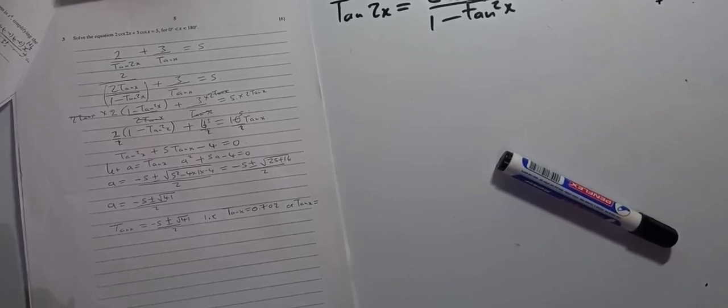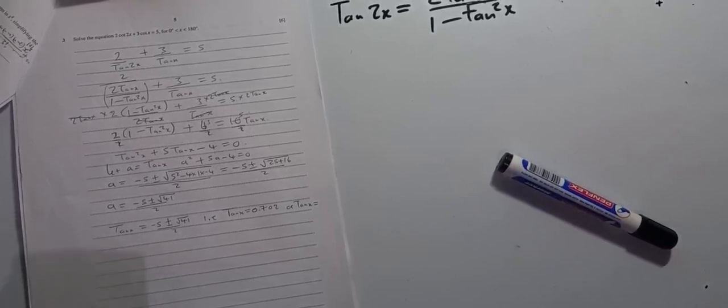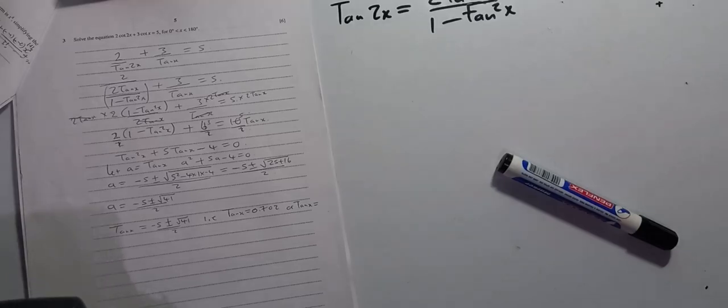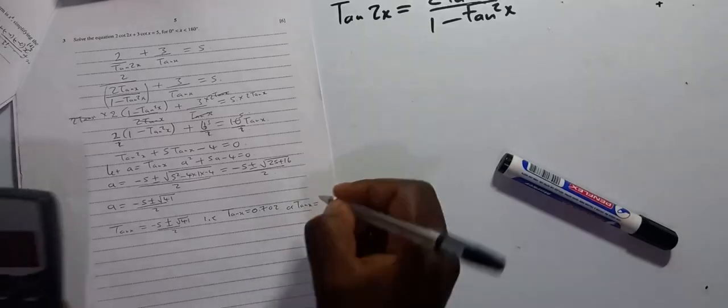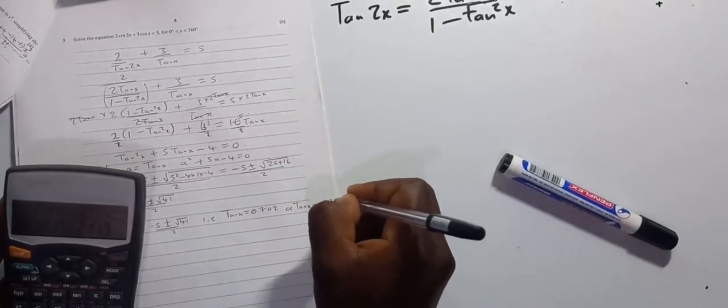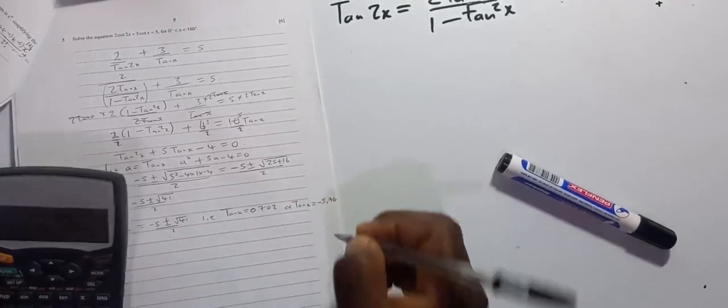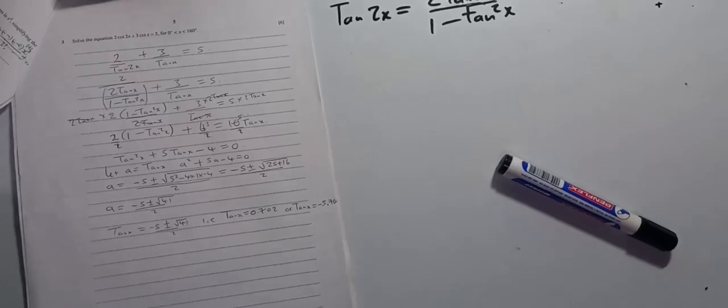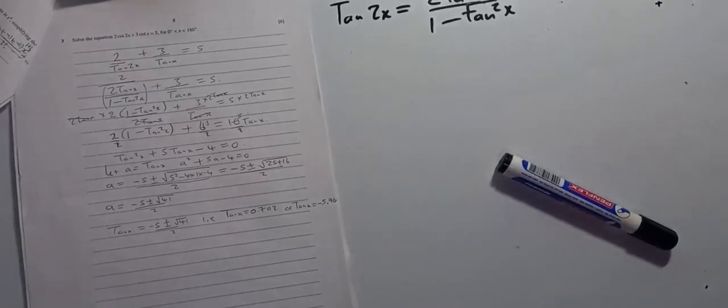Now taking the one with a negative sign in between, minus 5 minus root of 41, then divided by 2, and we get minus 5.70 to 3 significant figures again.